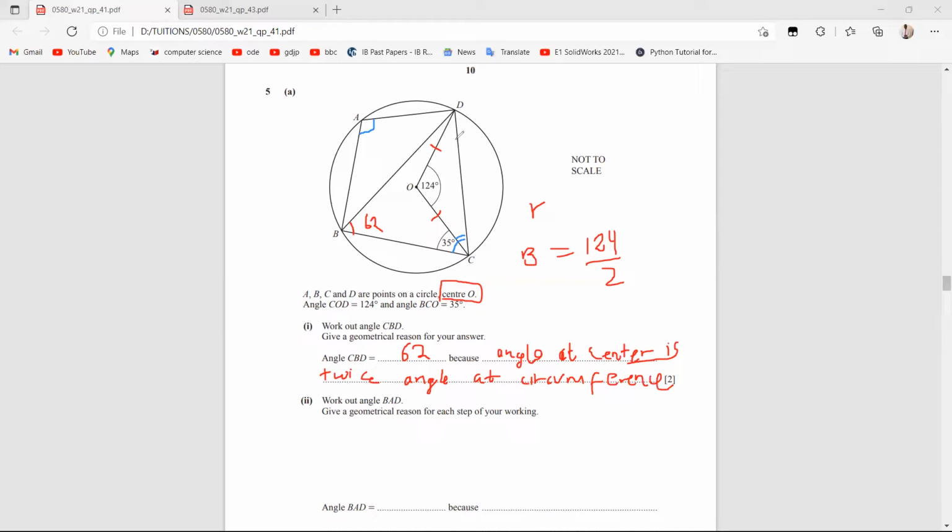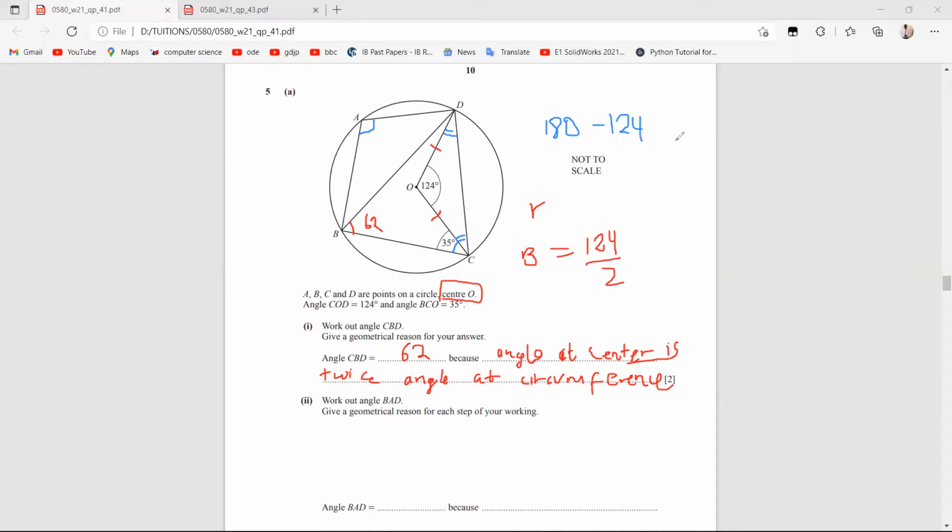And that one we can get because triangle ODC, see this triangle here? It's an isosceles triangle, okay? ODC is an isosceles triangle because it has 2 lines equal. So that means the angle next to 35 there and the angle up here at D are equal. So what we need to do is just take the total sum of angles in a triangle, subtract the 124 given there.